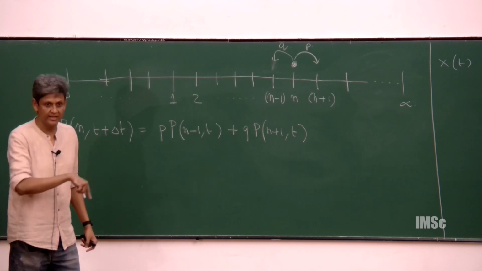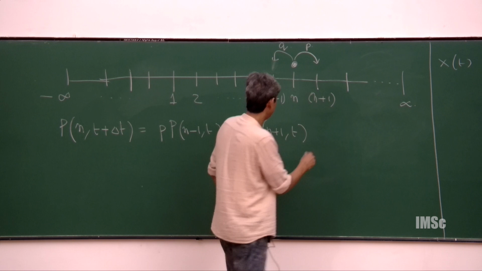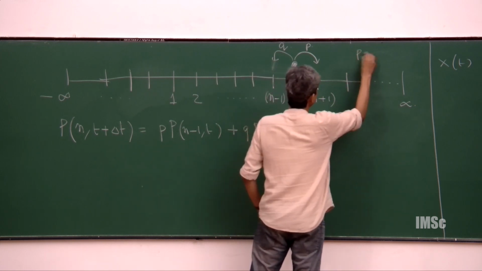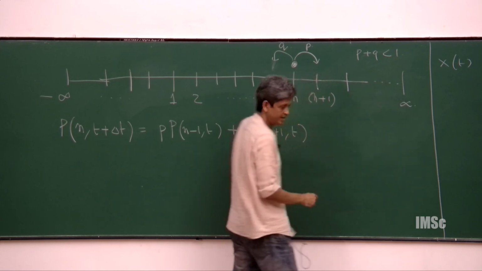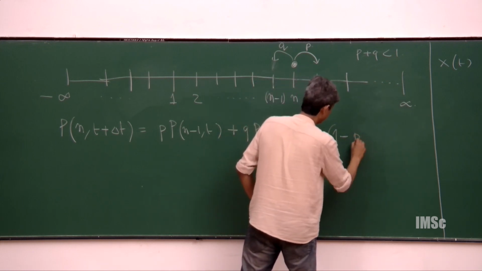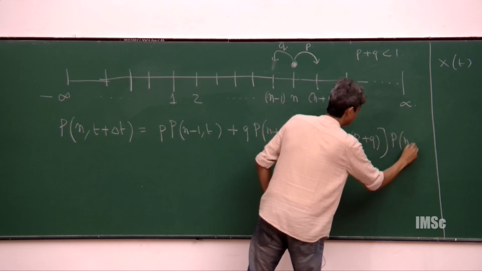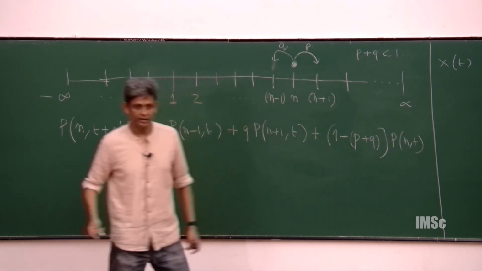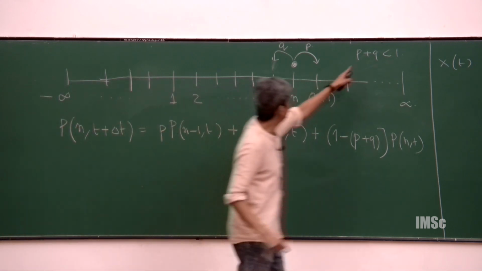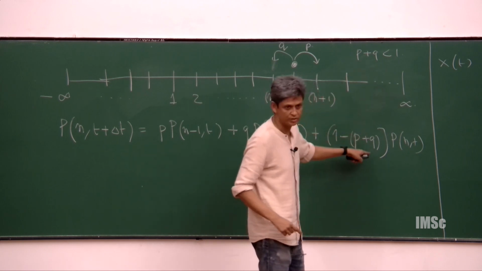The fact that it stayed at that site, so that should depend on the condition, because these are probabilities. If P plus Q is less than 1, then I should also have a probability that it didn't move anywhere, right? If it was 1, then it is 0. So it depends, but in general I should write it.